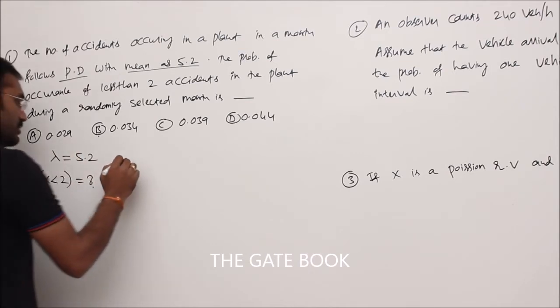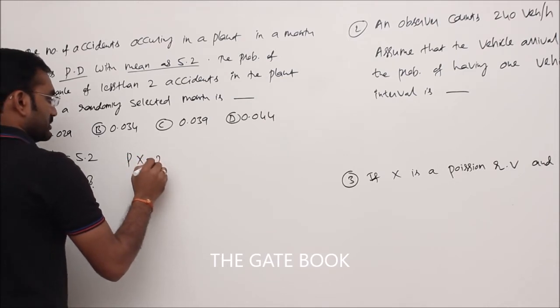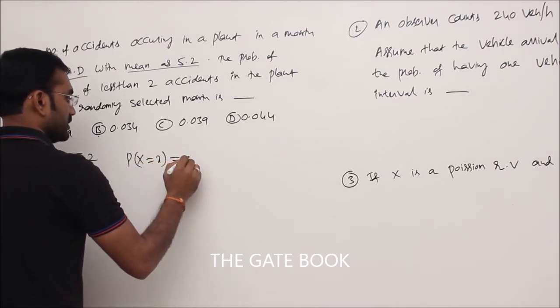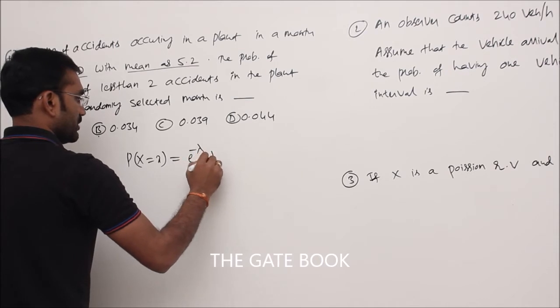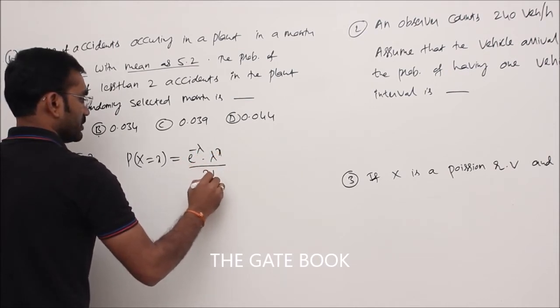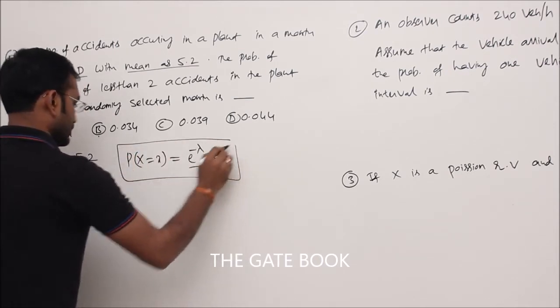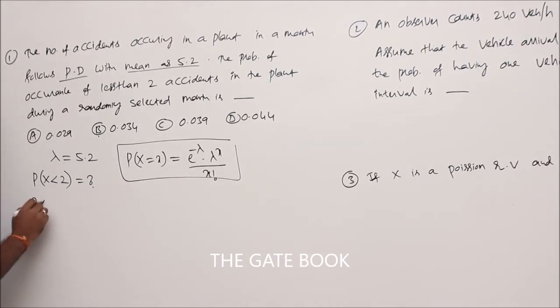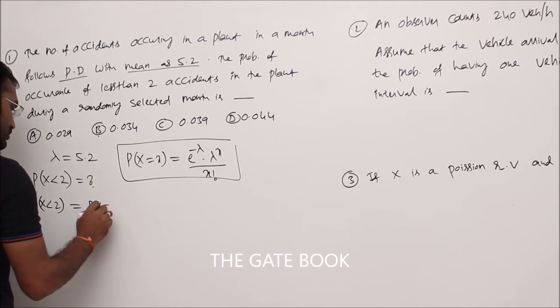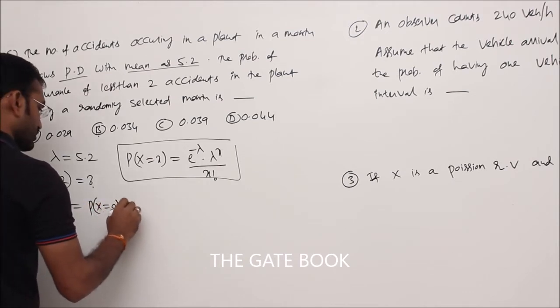So we know that P of x, the probability mass function of Poisson distribution, is e power minus lambda, lambda power x by x factorial. So applying that, P of x less than 2 means P of x is equal to 0 plus P of x is equal to 1.